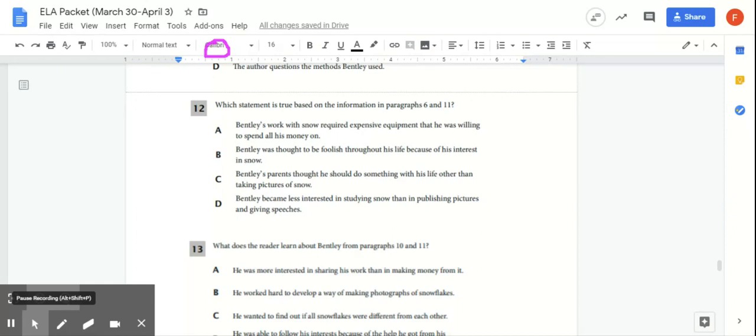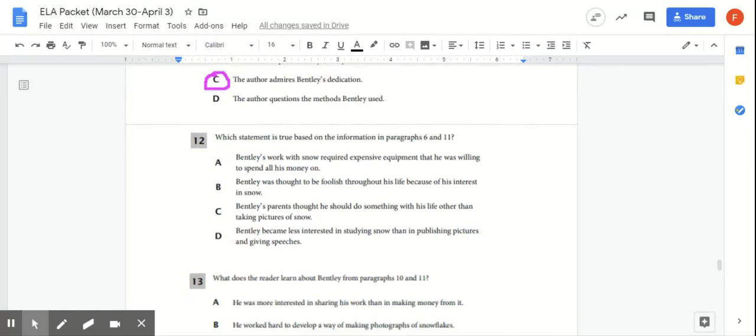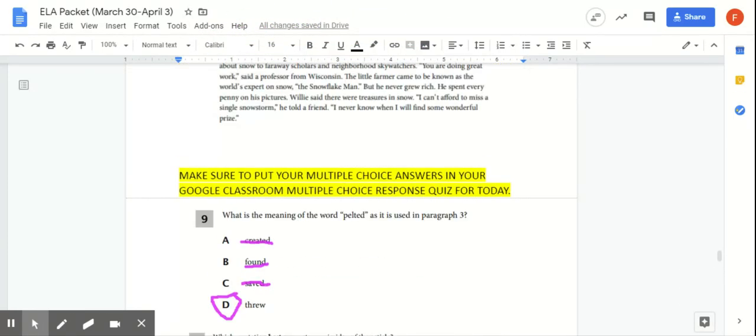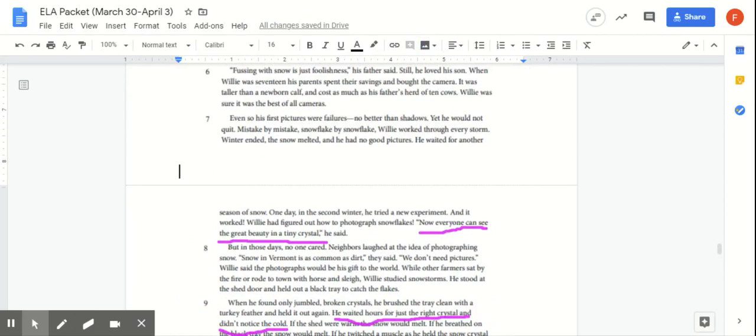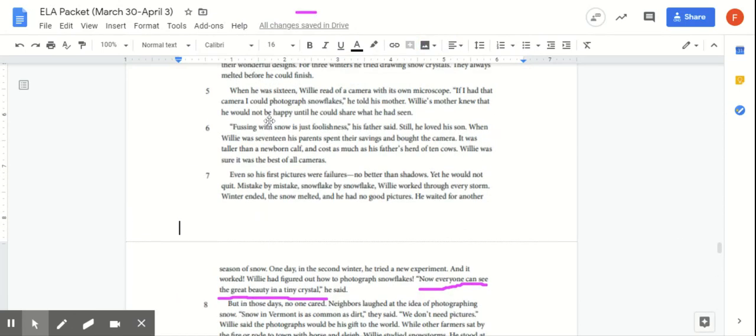So we're going to scroll up to paragraphs 6 and 11 and see which one of these answer choices describes the information in those paragraphs the best. So in paragraph 6, take a moment to reread that.